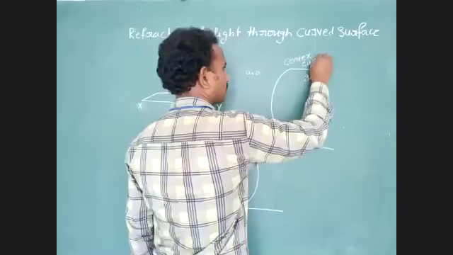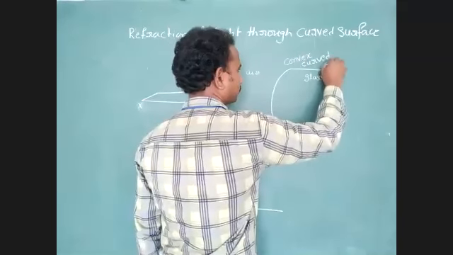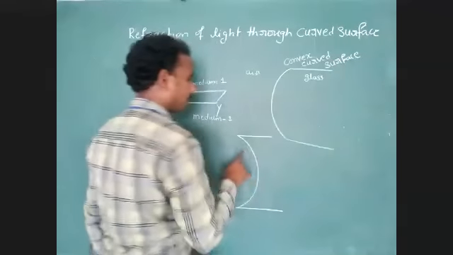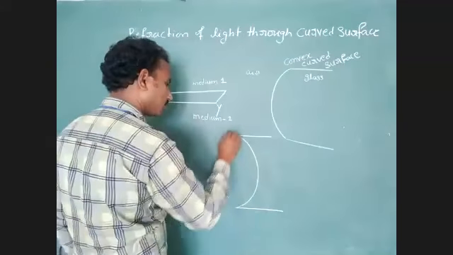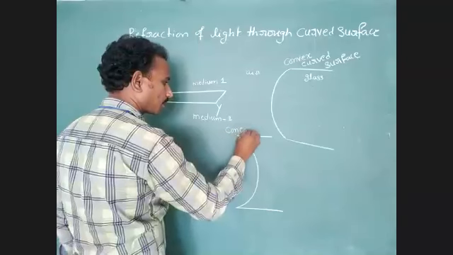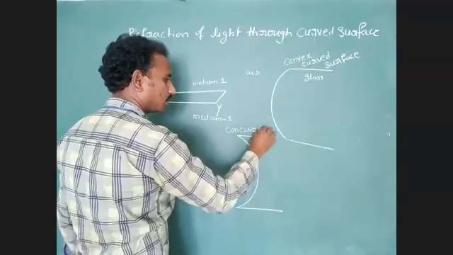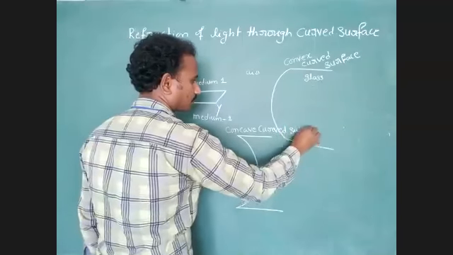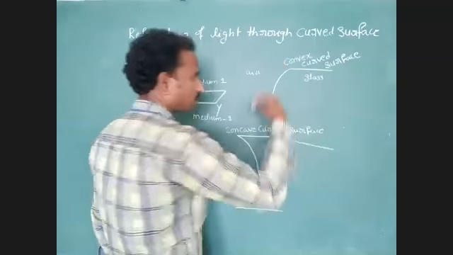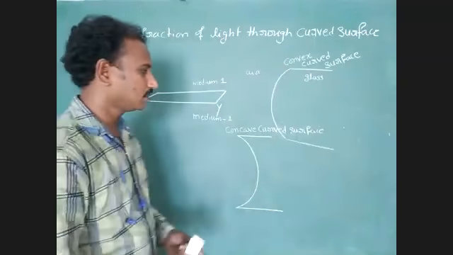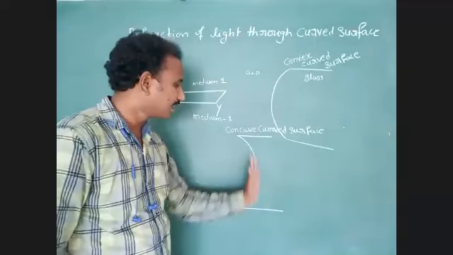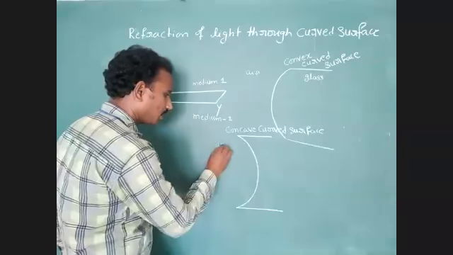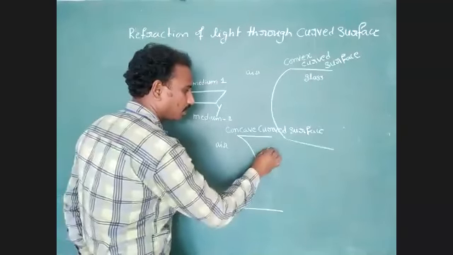This one represents a concave curved surface. That curved surface separates the two mediums: one medium is air, another medium is glass.